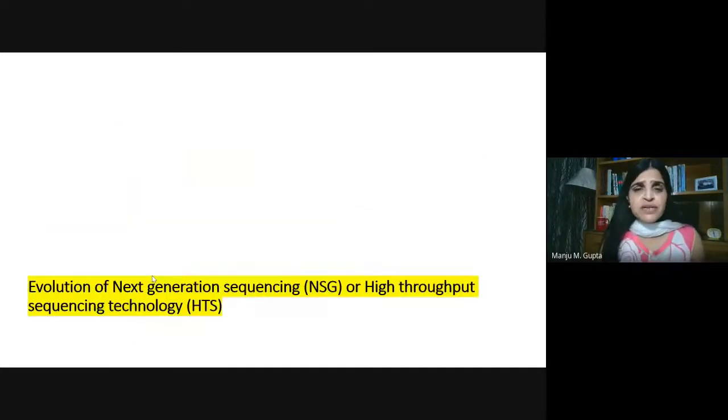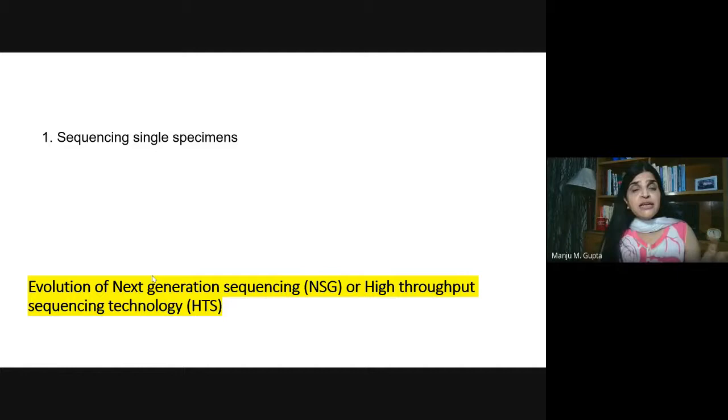I tell you what happened at this stage: I began with sequencing single specimens. We used to culture these spores in our lab, and ideally the success rate for this culture is just 2%. And you cannot do DNA isolation from the field spores. I told you already why, because they are already infected with other organisms.